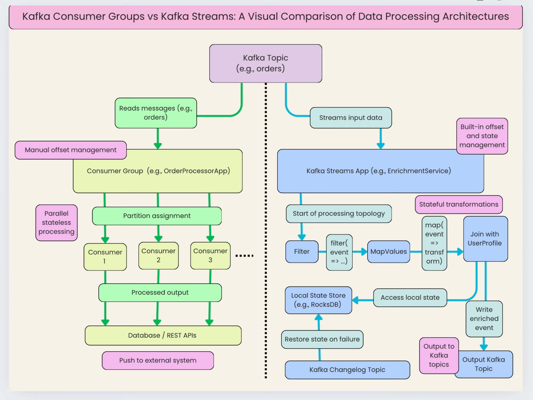But the real magic happens when state is involved. Kafka Streams maintains local state stores backed by RocksDB to hold things like counters, recent events, or aggregates. This state is automatically backed up to Kafka using changelog topics, which allows full recovery in case of failure. Kafka Streams also makes time a first-class citizen.